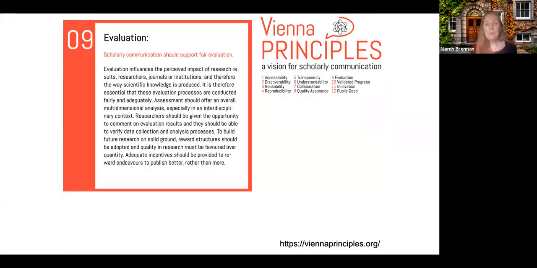The Vienna Principles, in section 9, say evaluation influences the perceived impact of research results of researchers, journals, or institutions, and therefore the very way that scientific knowledge is produced. That's why it's essential that those evaluation processes are conducted fairly and adequately. And they go on to discuss those and the reward structures that are linked to evaluation. So these are all relevant to what we're doing.